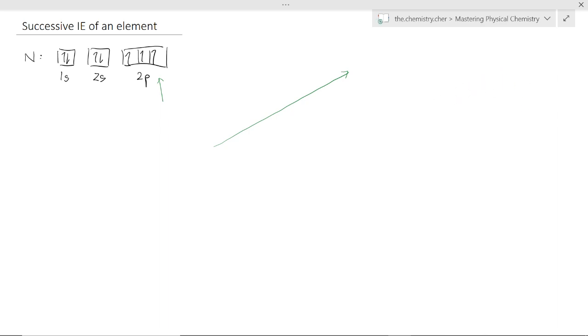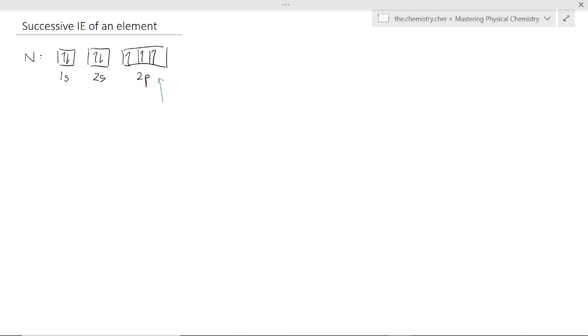But in general, when you are removing electrons from an element, it becomes harder and harder because you're removing electrons from an increasingly positively charged ion. So if you remove an electron from an atom, it will be a lot easier than if you removed it from a cation with 1+ charge, which is easier to remove than one from 2+ charge, and so on. So that is the general trend.